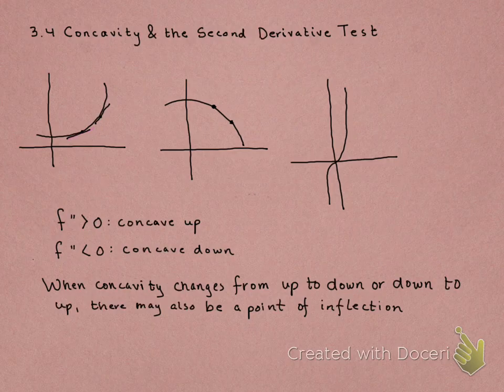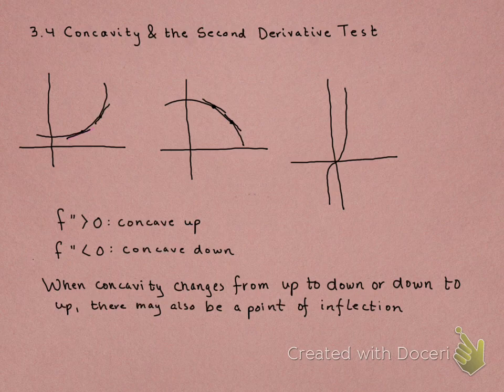So that means that the function is concave up there because the slope of the tangent is positive. Likewise, on the second graph, when we draw tangents to these points here, the slope of those tangent lines tends towards negative. So the function is concave down.